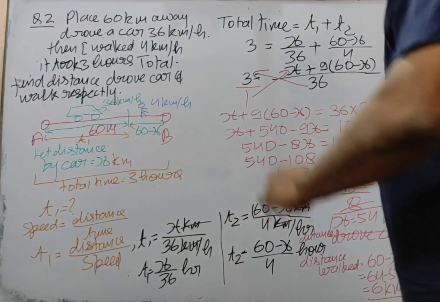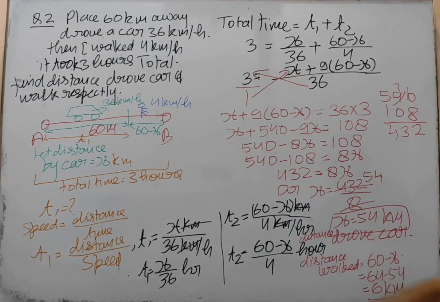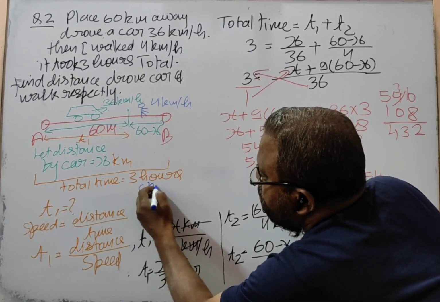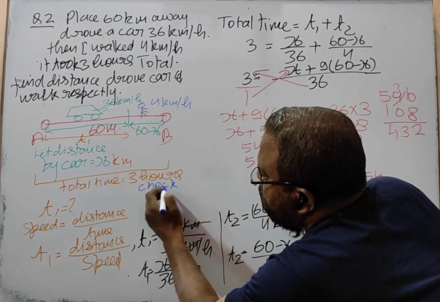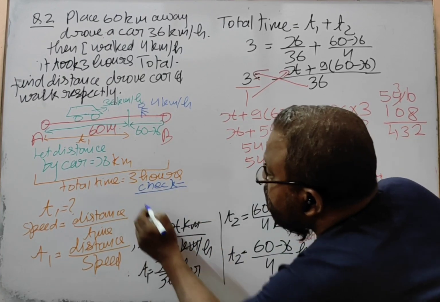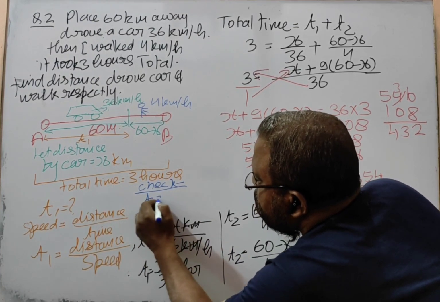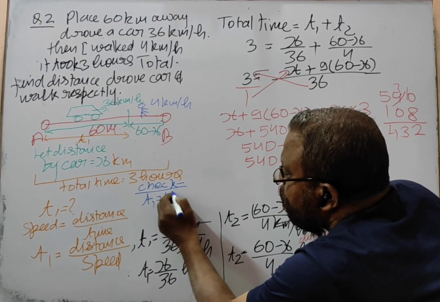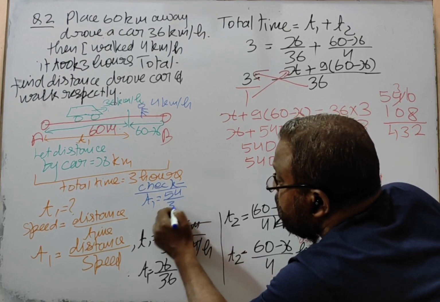So just to cross check, right? T1 is x upon 36. The distance driven by car is 54, so 54 upon 36.